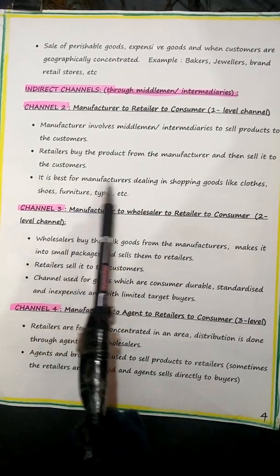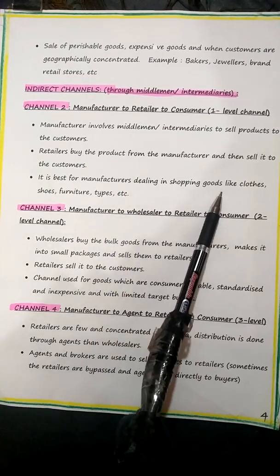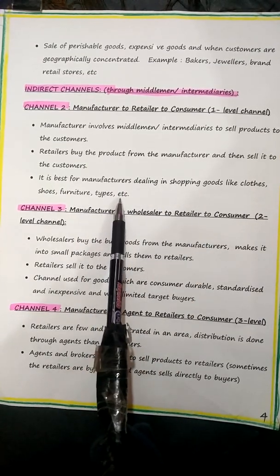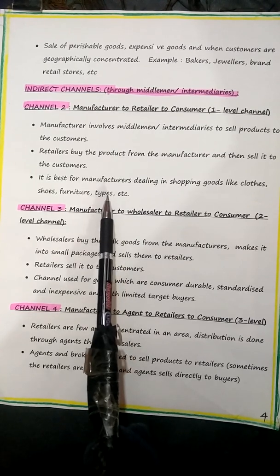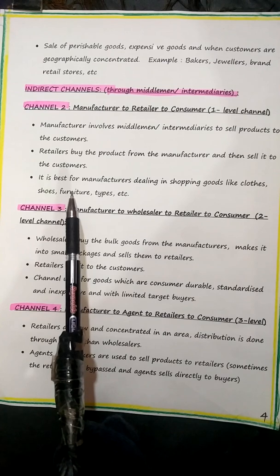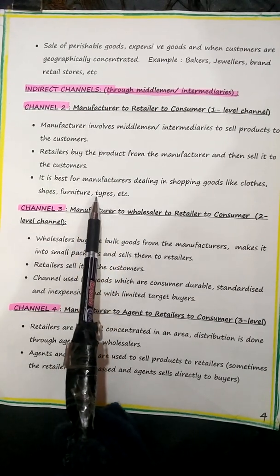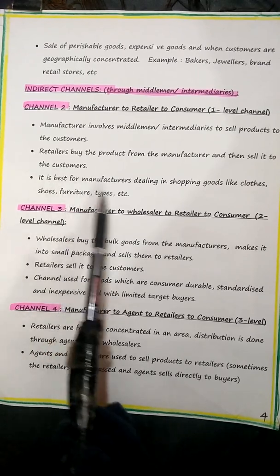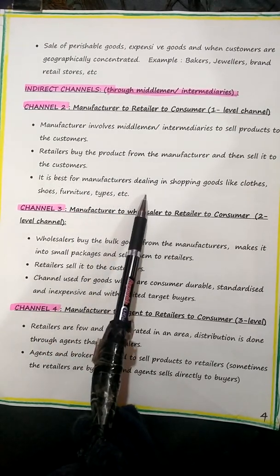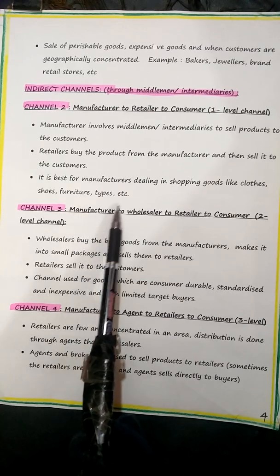The third point is that it is best used for manufacturers dealing in shopping goods like clothes, shoes, furniture, tires, etc. Usually it's not tyres, it is tires. I'm sorry.